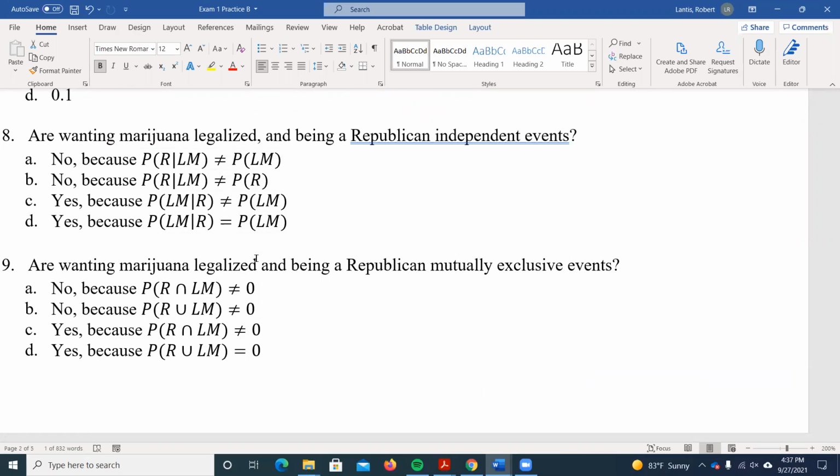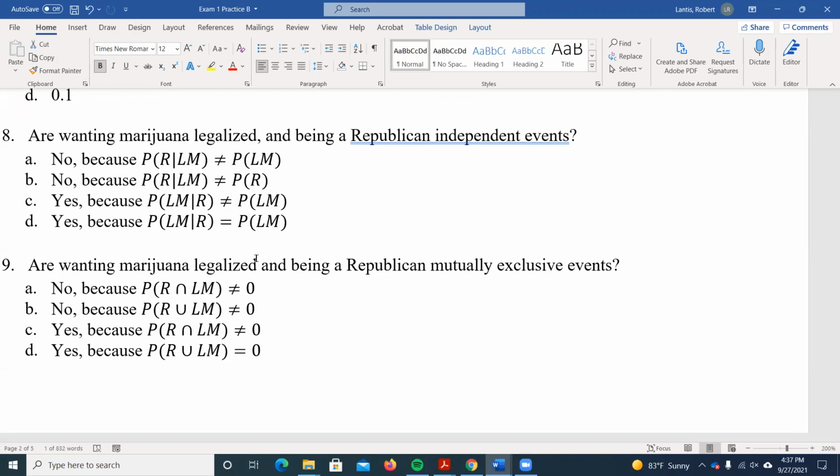Okay. So anytime we're looking for whether or not events are mutually exclusive, the definition we had was that if they're mutually exclusive, they can't happen at the same time. So what would the probability of their intersection be? 0.